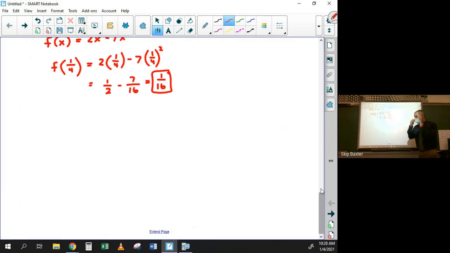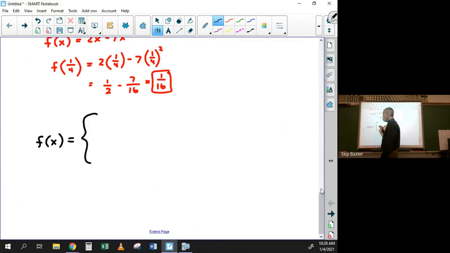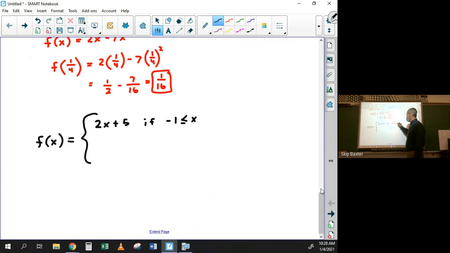Sometimes they'll give you a function that's defined in pieces, called a piecewise function. They might give you something like f of x is equal to either 2x plus 5 if negative 1 is less than or equal to x is less than 2, or f of x equals x plus 3 if 2 is less than or equal to x is less than 5.